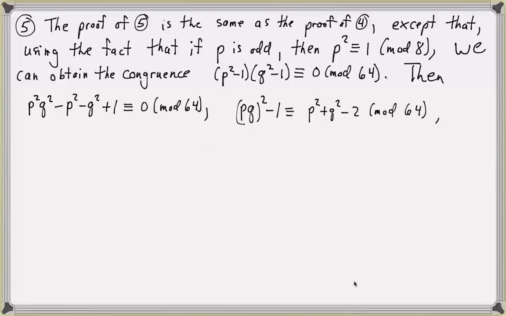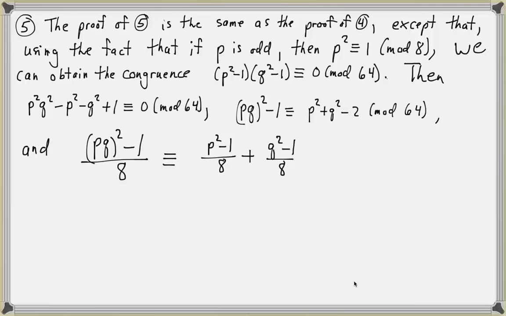And if I divide everything by 8, we get the congruence that we will need for the proof that p times q, the quantity squared, minus 1 divided by 8 is congruent to p squared minus 1 over 8 plus q squared minus 1 over 8 mod 8, but also mod 2.